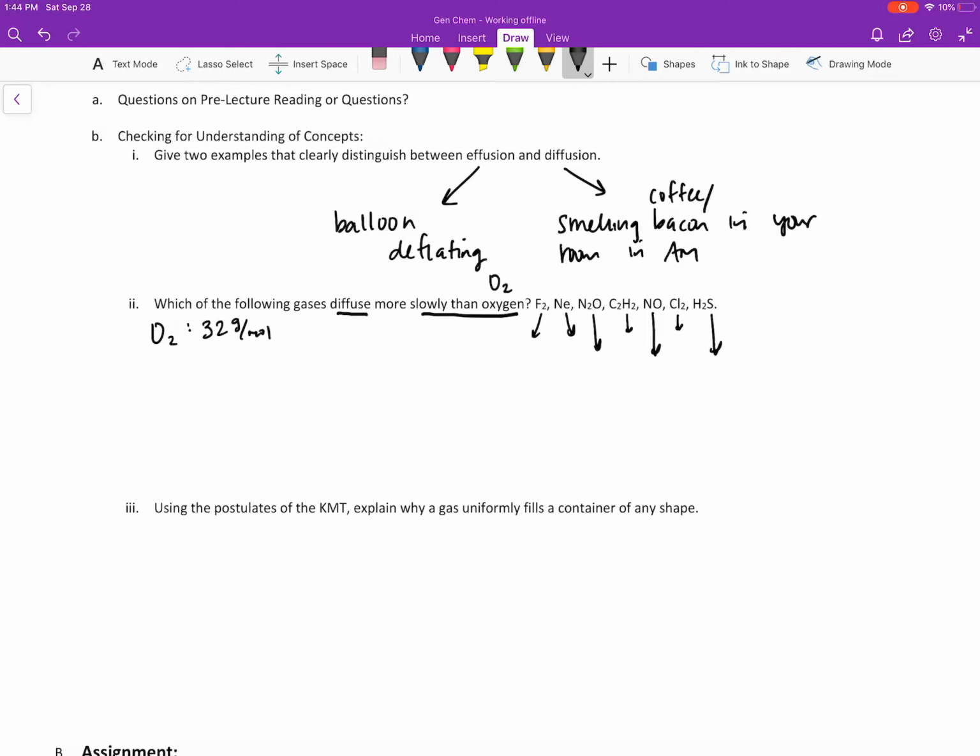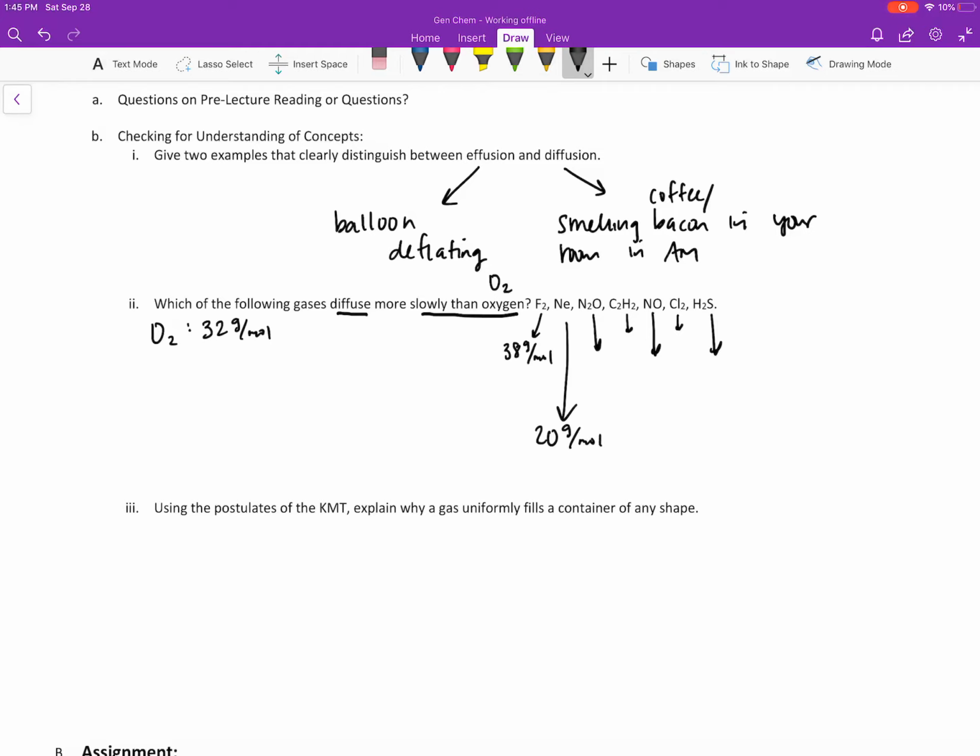Okay, so fluorine has a weight of 19. When I have 2 of them, that is a weight of 38. I think I need to give myself a little bit more space. My handwriting is too big. Okay, so then we have neon, and neon has a molar mass of 20.